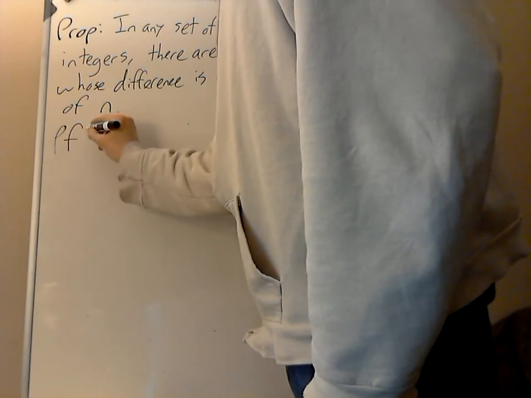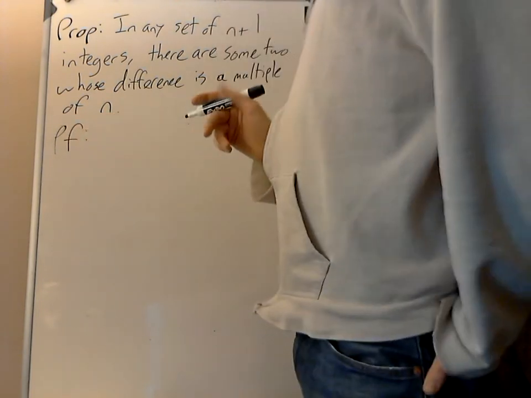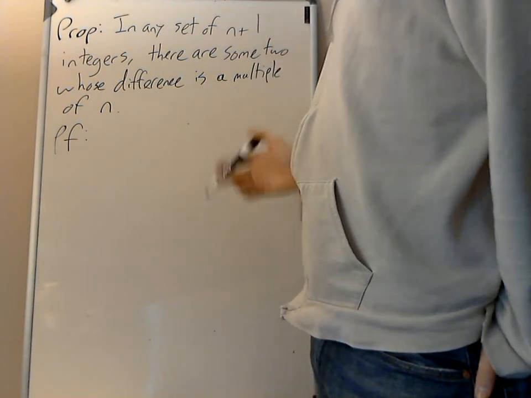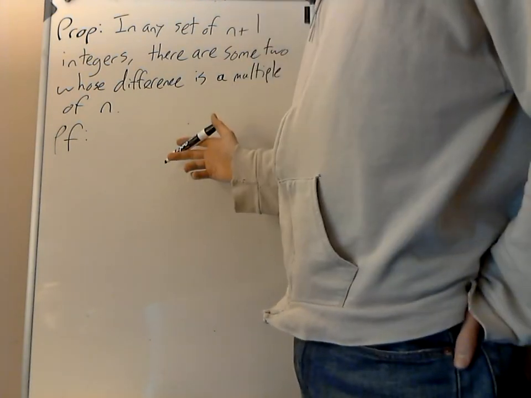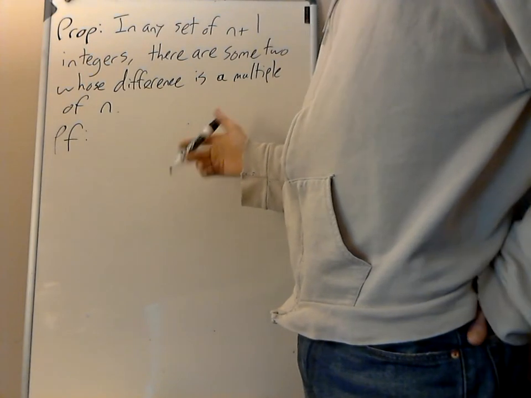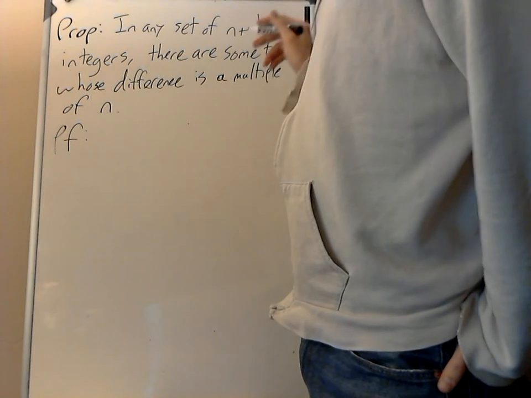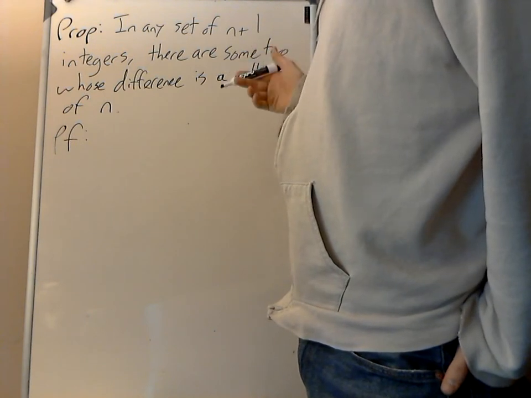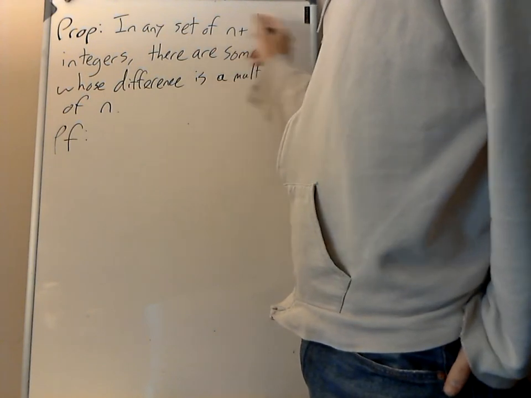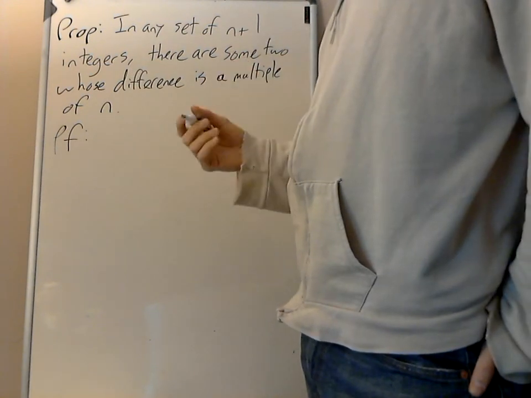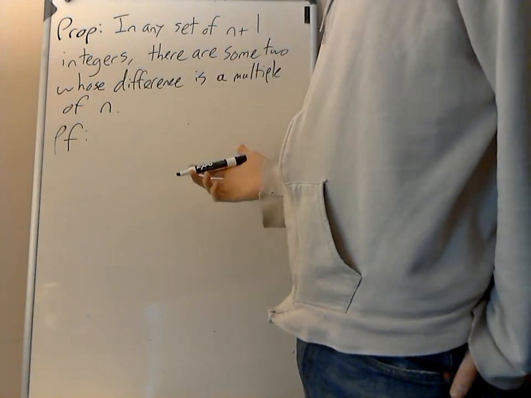The proof will be by the pigeonhole principle. Now, we remember that in the pigeonhole principle, we need to have more pigeons than there are holes in order to conclude that there is some hole that has at least two pigeons. In this case, the natural candidate for pigeons is our n+1 integers. Therefore, we would suppose that the number of holes ought to be n.